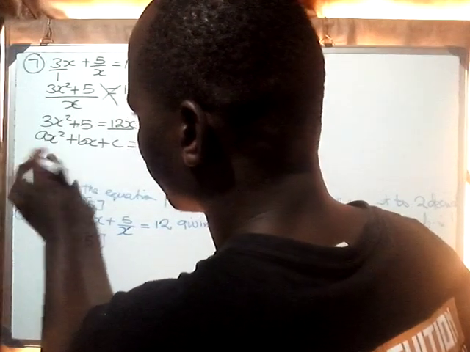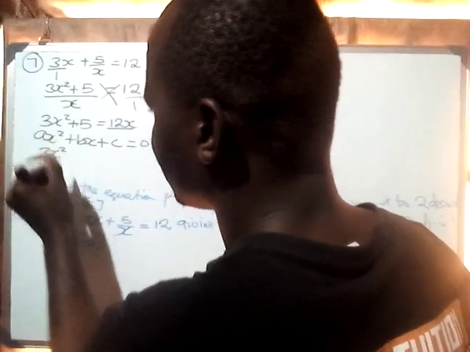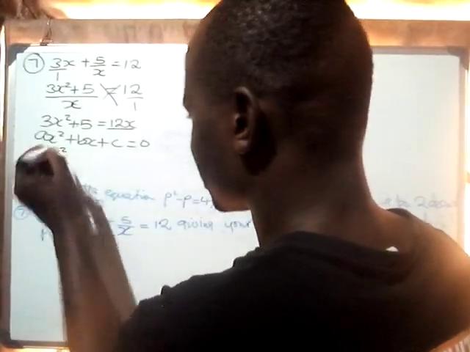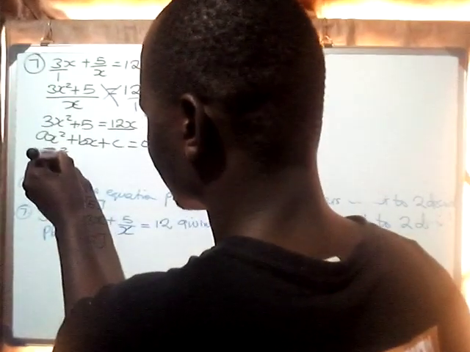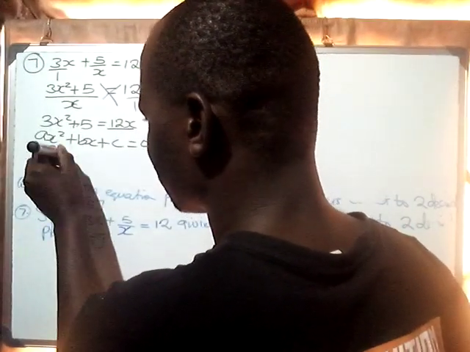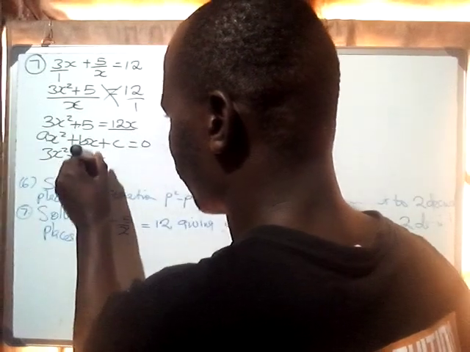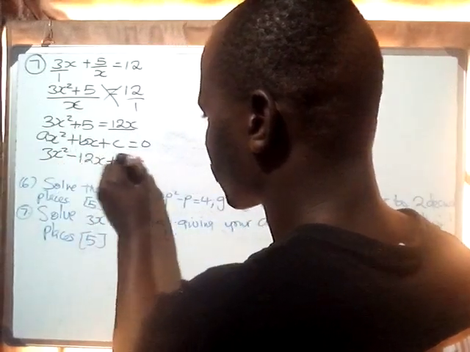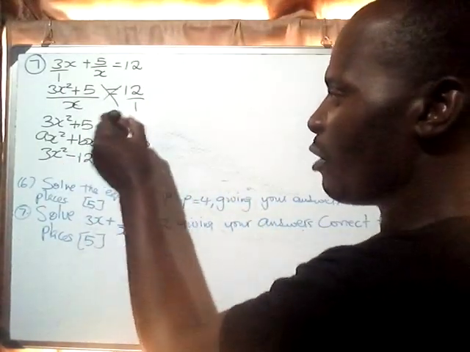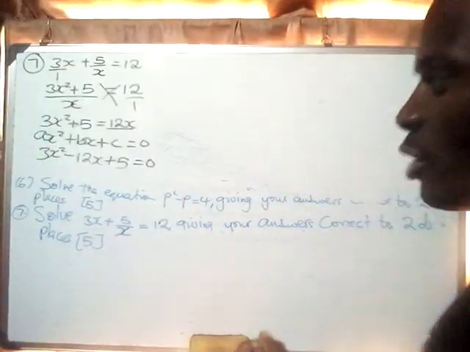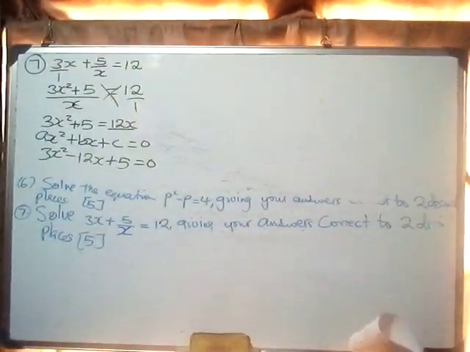So we are going to have 3x squared minus 12x plus 5 is equal to 0. This 12x goes to the other side, so it will be minus.